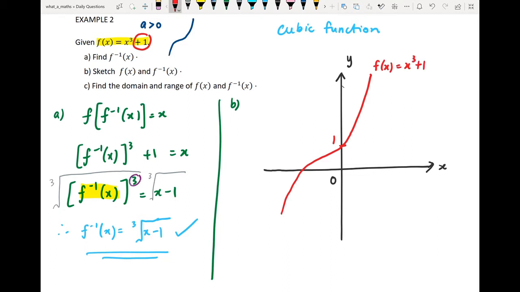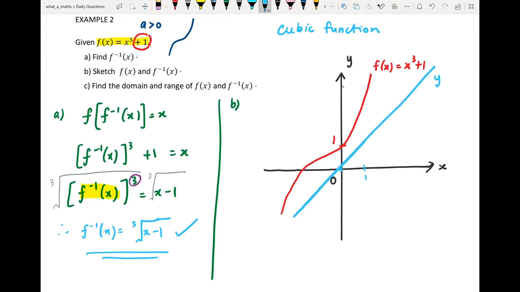In order to draw my f inverse, I have to draw the line y equals x first. When x is 1, y is also 1. When x equals 0, y is also 0. So my graph will look something like this.